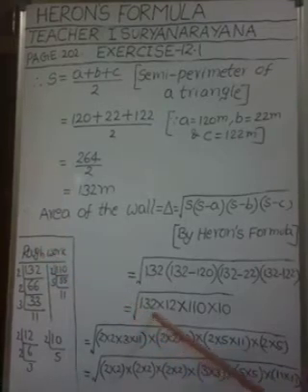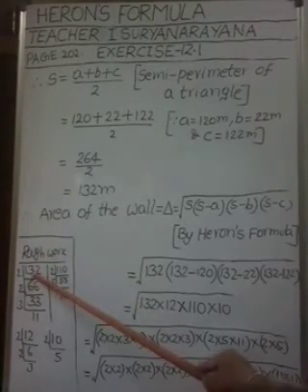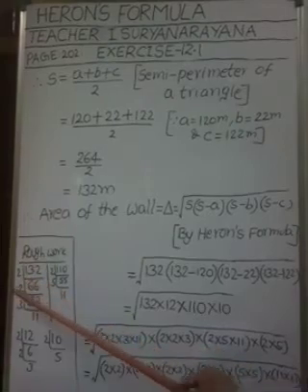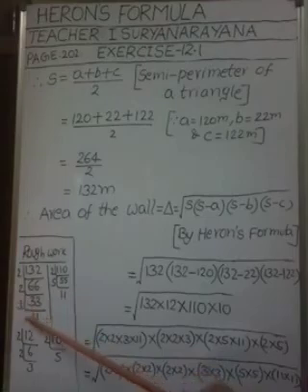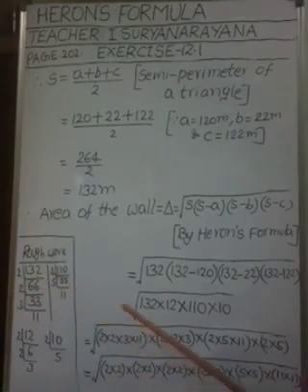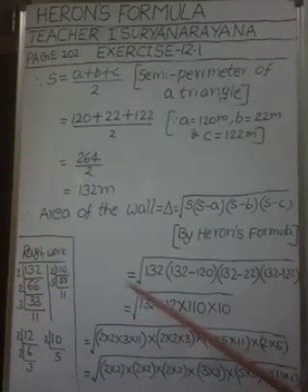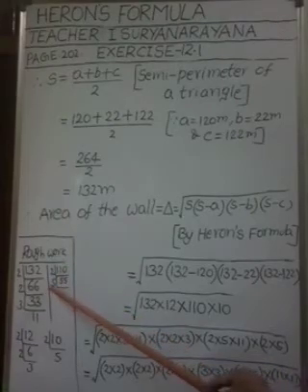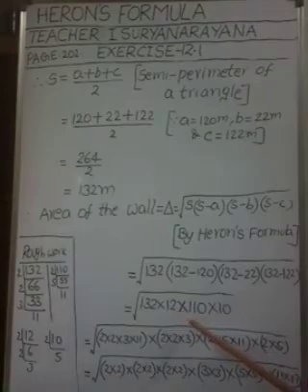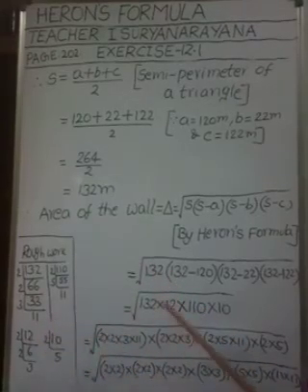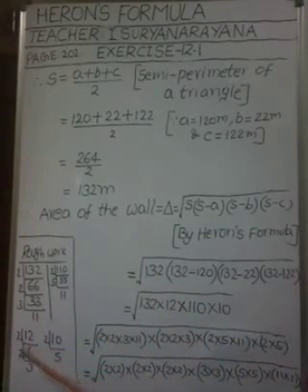Here the first factor is 132. For 132, 2 sixes are 12... 2 times 66. Again 2 times 33. 3 times 11. These are the prime factors for this 132. Similarly, 110: 2 times 55, 5 times 11. These are the prime factors for this 110. Similarly, for the number 12, 2 sixes are, 2 threes are.